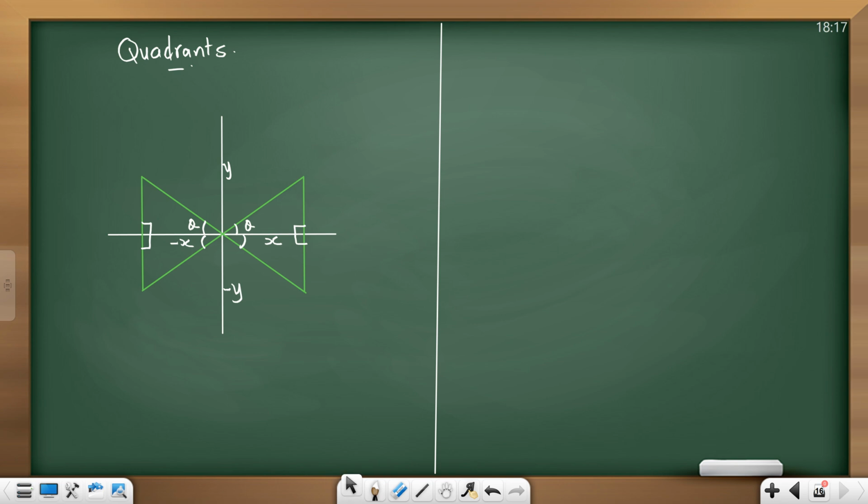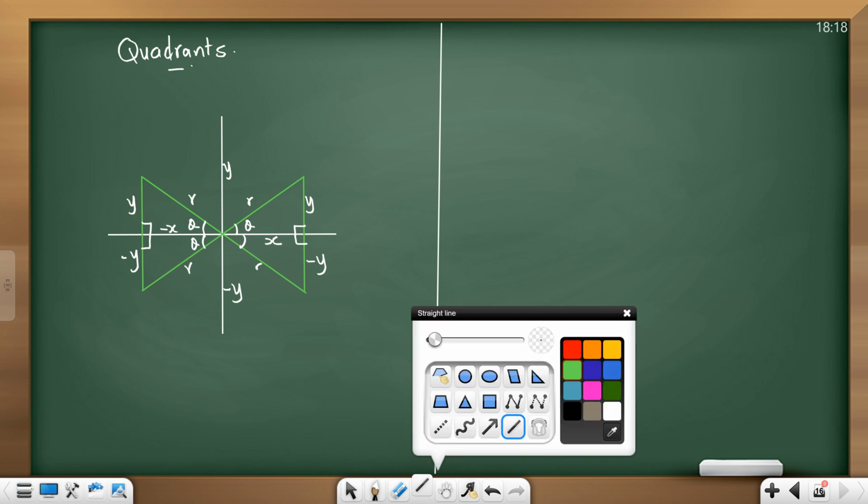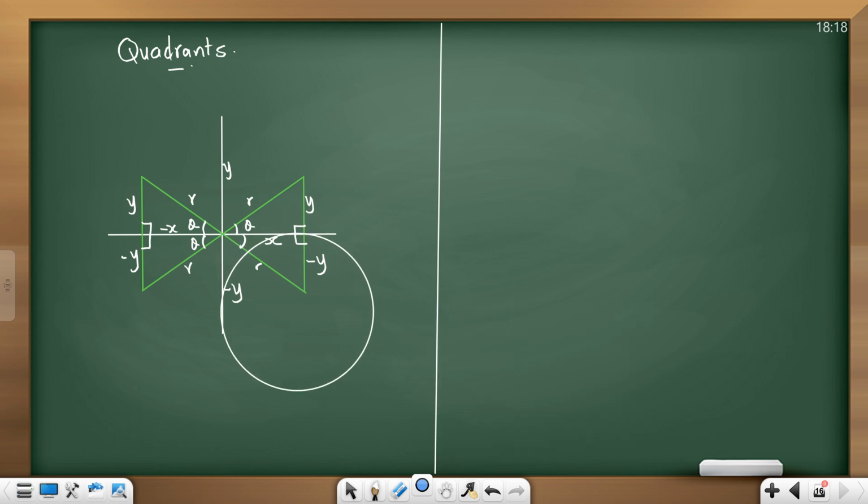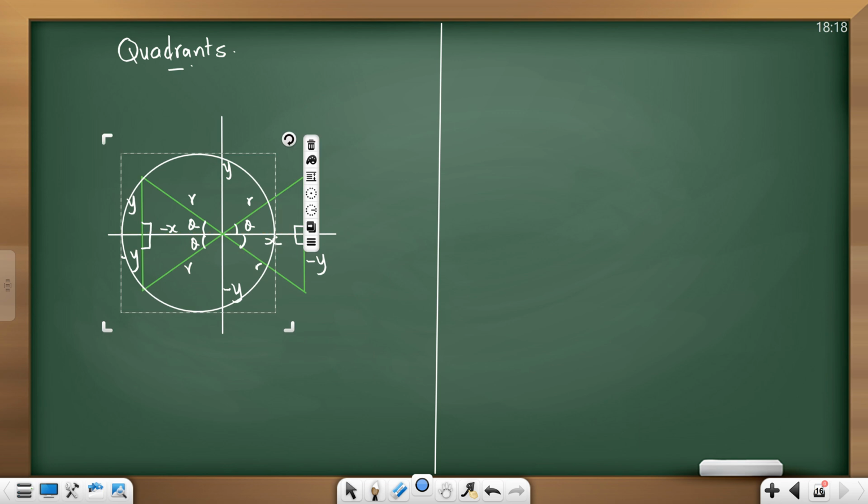Remember, we spoke about theta. So each quadrant has its own peculiarity. This is negative x. So this would be a positive y, a negative y, all right, a negative y, a positive y, r, r. So basically we are looking at more of a circle. I could have actually used that.